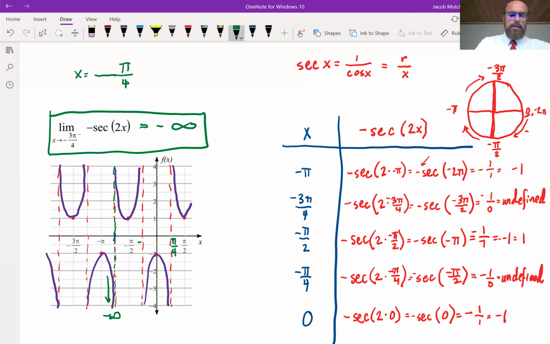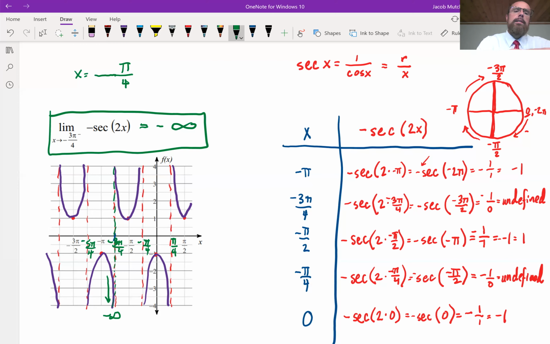It's negative pi over 4, negative 3 pi over 4, negative 5 pi over 4. So I see that what I'm doing in my numerator is adding a 2 to the coefficient of 1 every time.